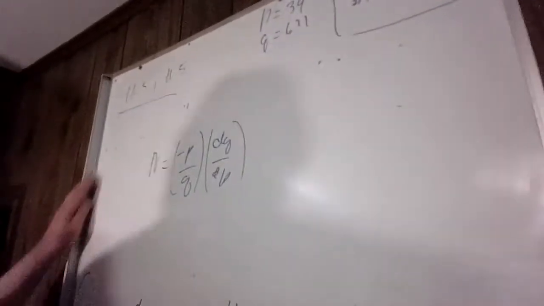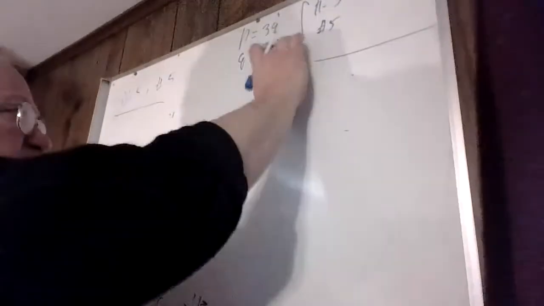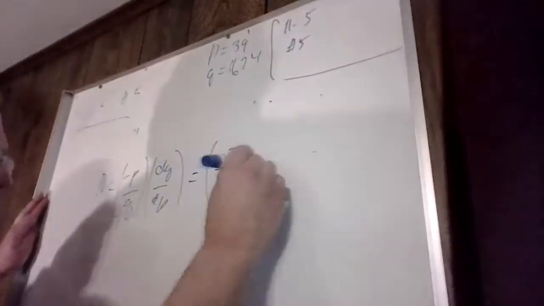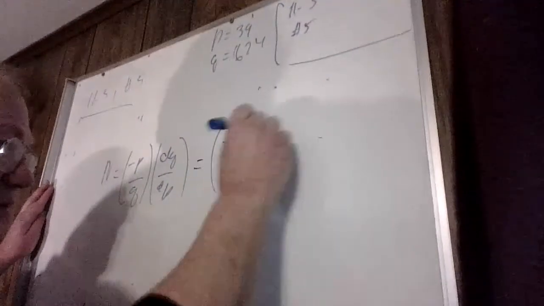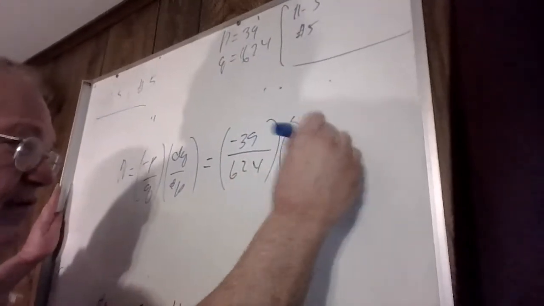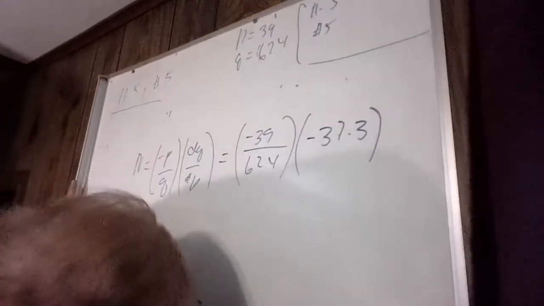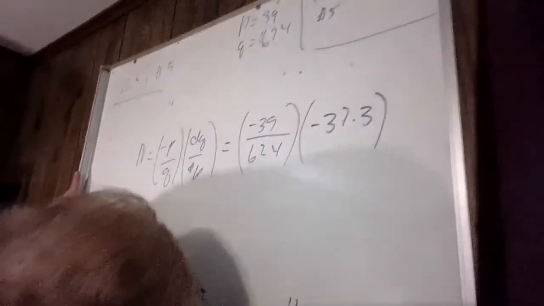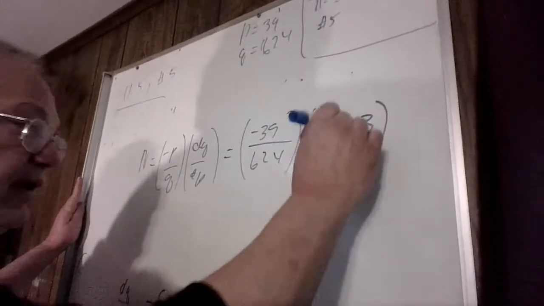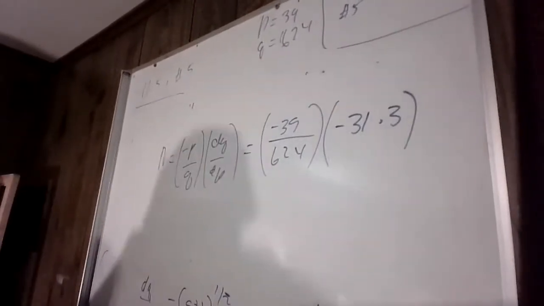All right, so this is going to be minus 39 over 624 times minus 31.3. Yeah, it was 31. Sorry, my ones sometimes look like 7s. Okay, 31.3. Now let's do that out and see what we get.